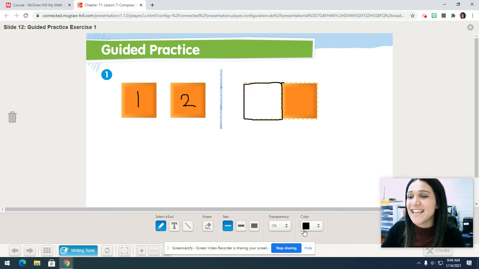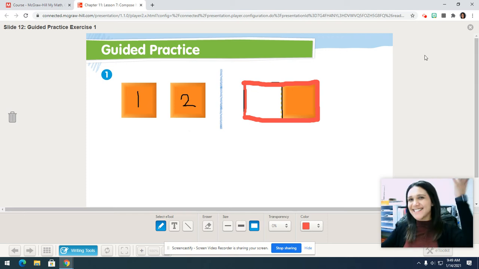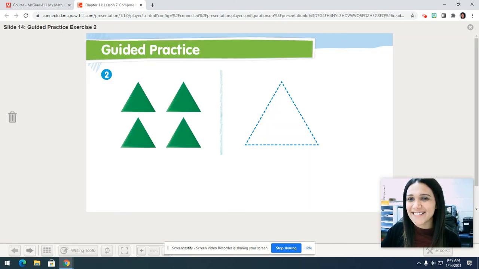Good. Now take your crayon. Like I said, mine's going to be red. Let's trace over all of our sides. 2 side, 3 side, 4 side. What composite shape did we make? A rectangle. Well done. All right, let's do the next one together.